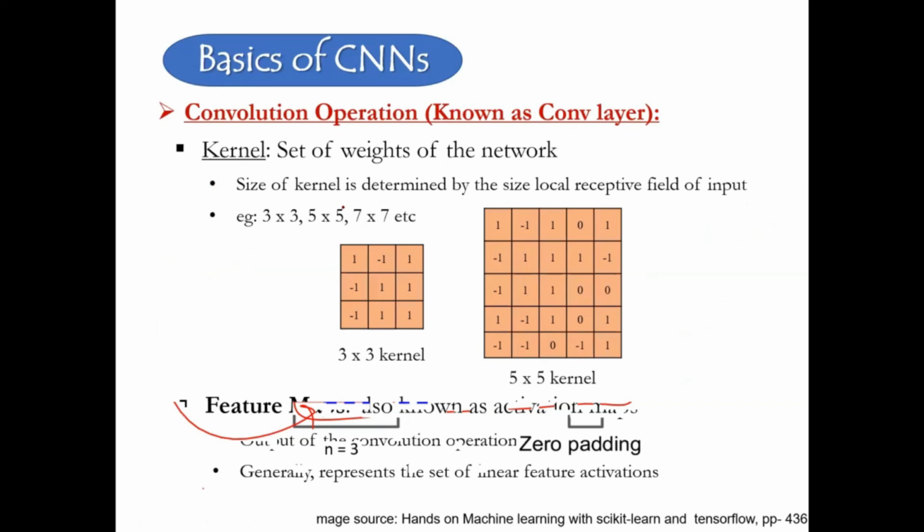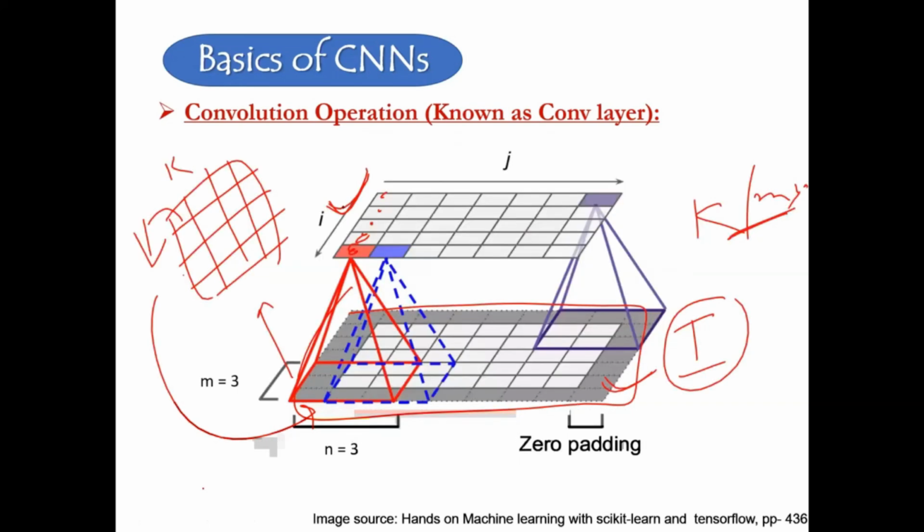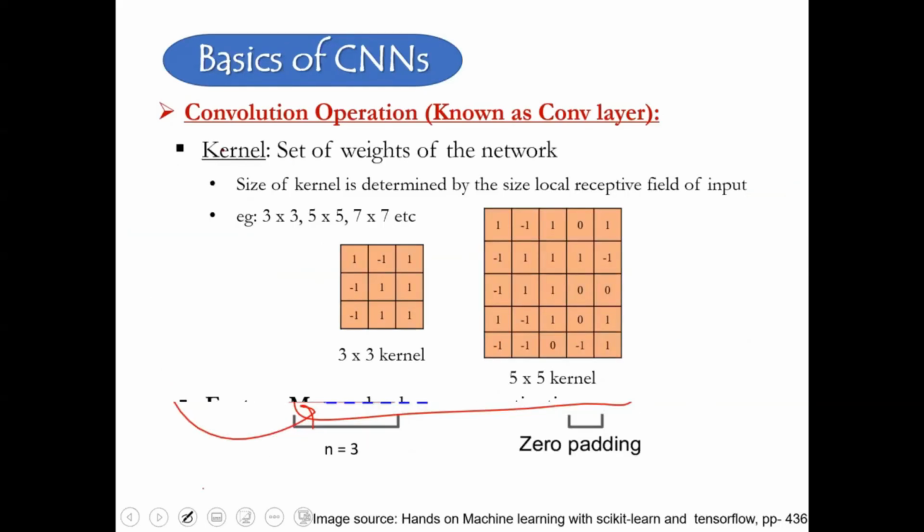In the case of convolution also, we apply kernels. Kernels are two-dimensional matrices representing the weights for the input layer, whatever input image we got.